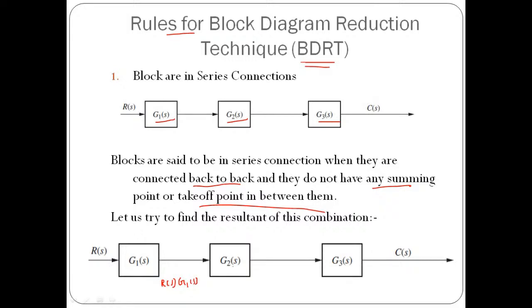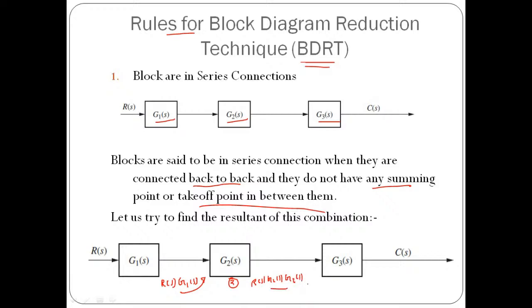Now with respect to block 2, this will be the input, and the output is again the input multiplied by gain. So the input is R(s) times G1(s), multiplied by the gain G2(s).